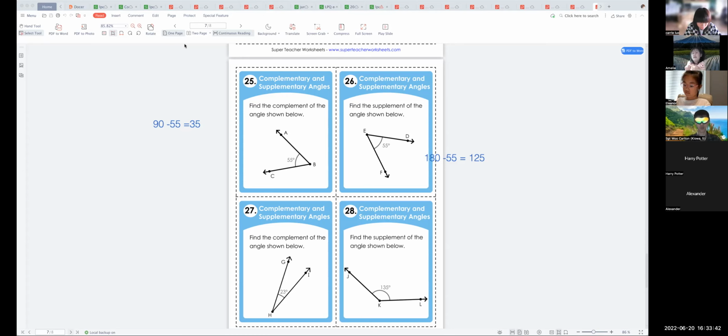And then complementary for 27, so 90 minus 23 is 67 degrees. And finally, supplement for 28, so 180 minus 135 equals 45 degrees. Everybody, did you get it right?